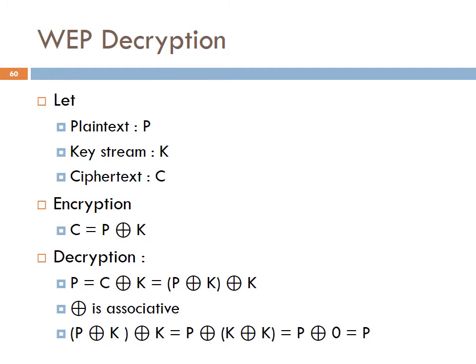So if we are ciphering the message by P XOR K and then decrypting it by XORing K again, since XOR is associative, we will have K XOR K equals 0, and in this way we will derive, or decrypt, the plain text P.